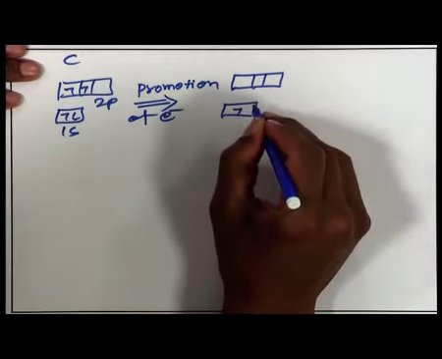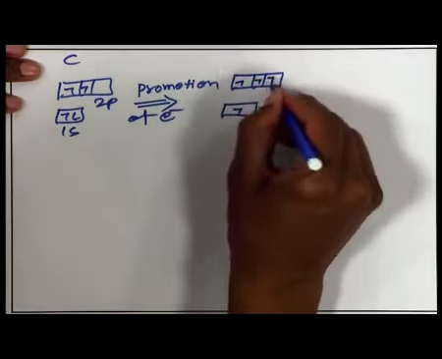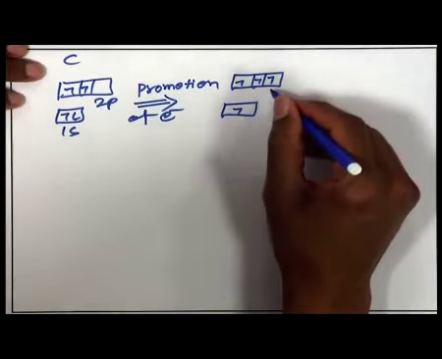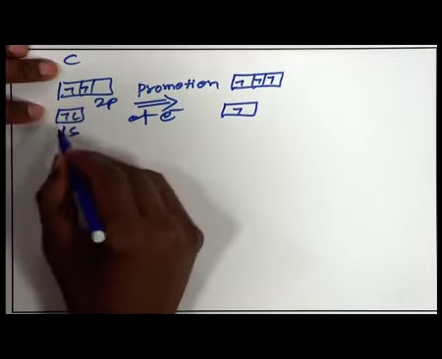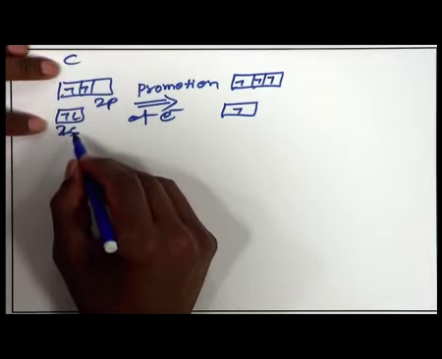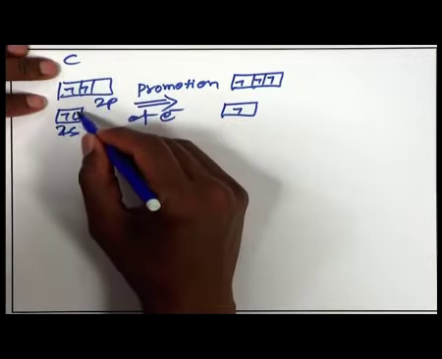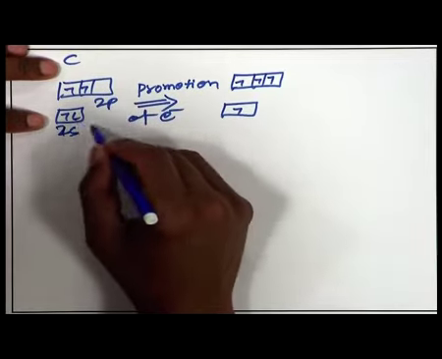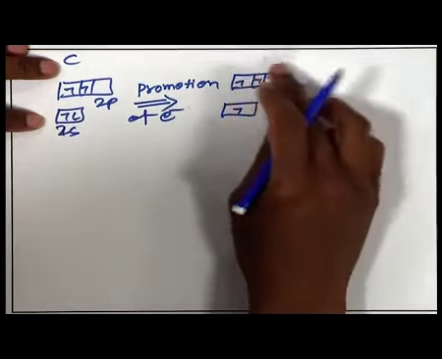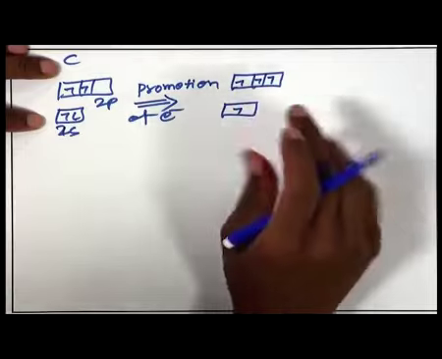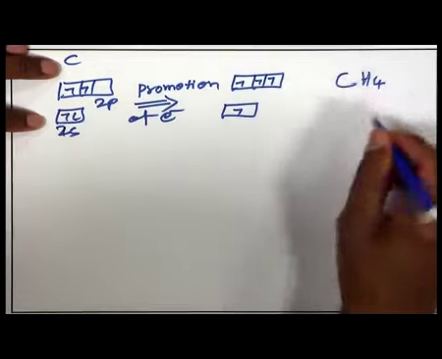One of them is gone here, so you can have a state like this. When you promote a 2s orbital electron to the 2p orbital, because it has 1 vacant orbital, we put 1 electron here. That is promoting an electron from the 2s level to the 2p level, so that carbon will have 4 unpaired electrons. Why do you need 4 unpaired electrons? To explain CH4. So, it is like that.